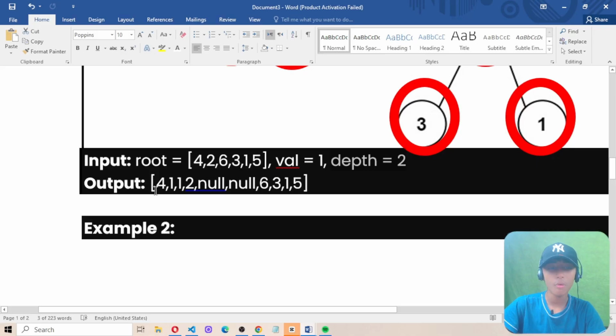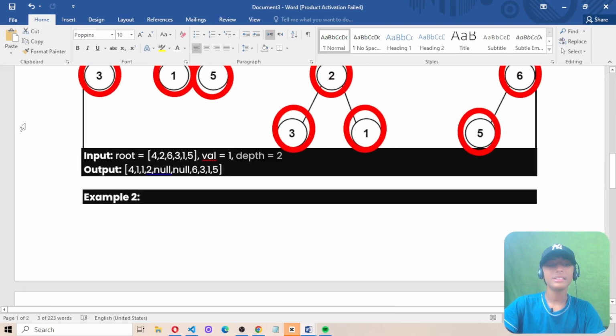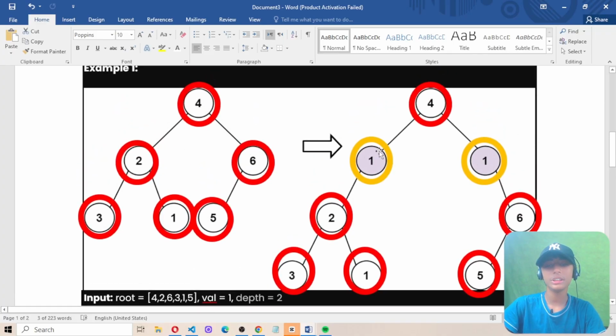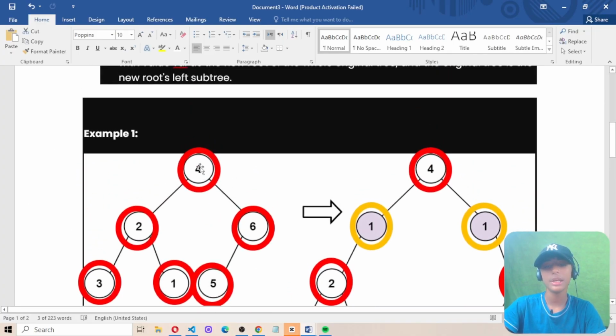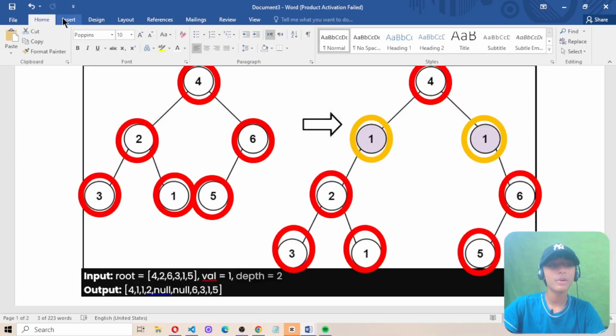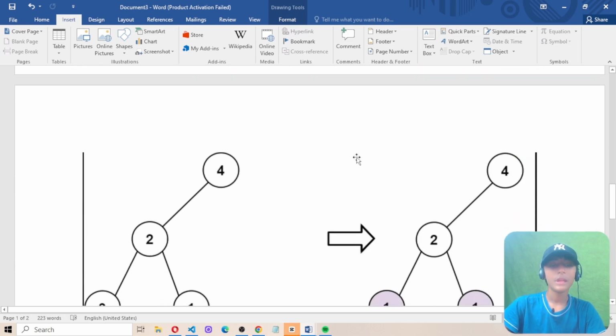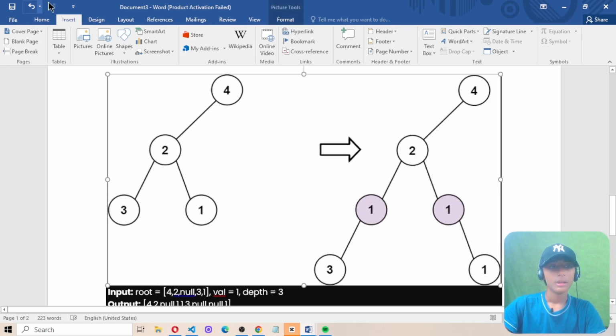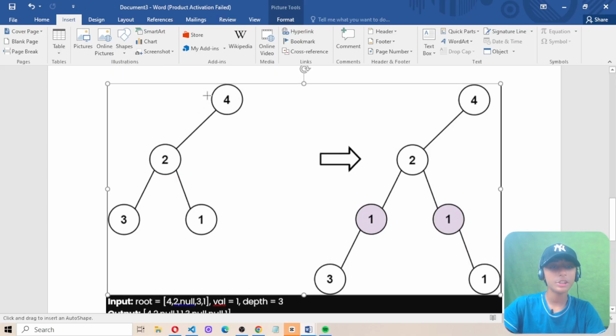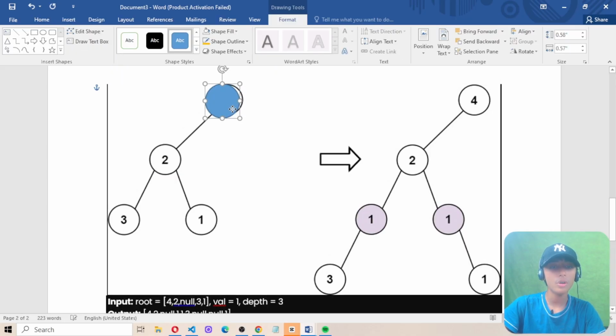The output coming is 4, 1, 1, 2, null, null, 6, 3, 1, 5. You can also see in the diagram why this output is coming: because of these two 1s which I highlighted with yellow. Now see the second one. Here he created one more tree, in which he first wrote 4.